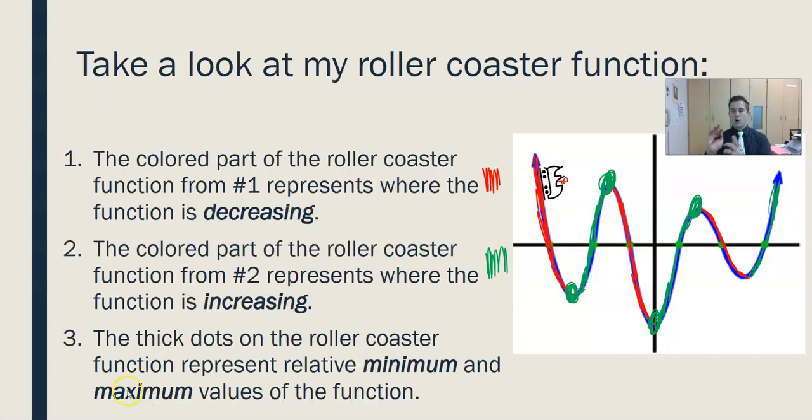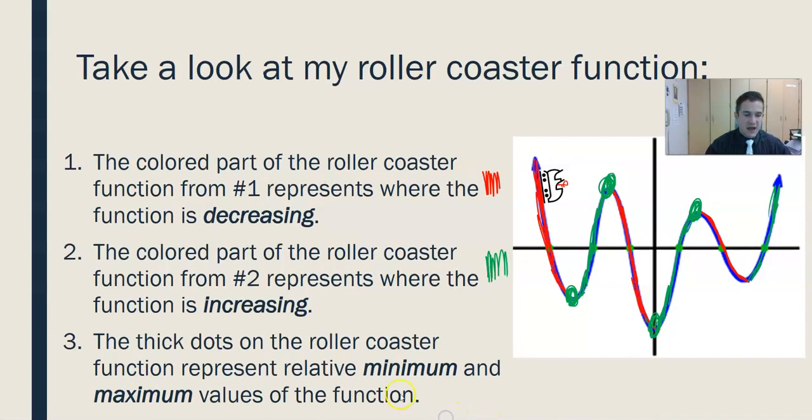All of those, I'm going to put these little dots. Okay. So when I'm talking in math terminology, when I'm talking about a function or a graph, the colored part of the roller coaster, this red part, represents where the function is decreasing. So this part that's going down, this red part, is where the function is decreasing. The colored part of this roller coaster that's green is where the function is increasing or going up, as you can see.